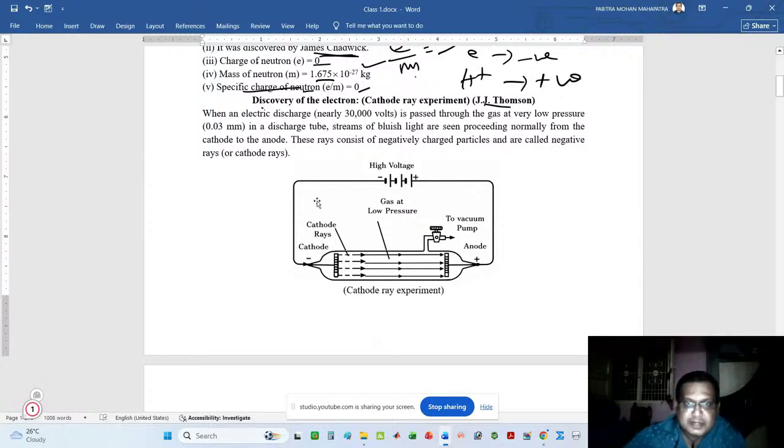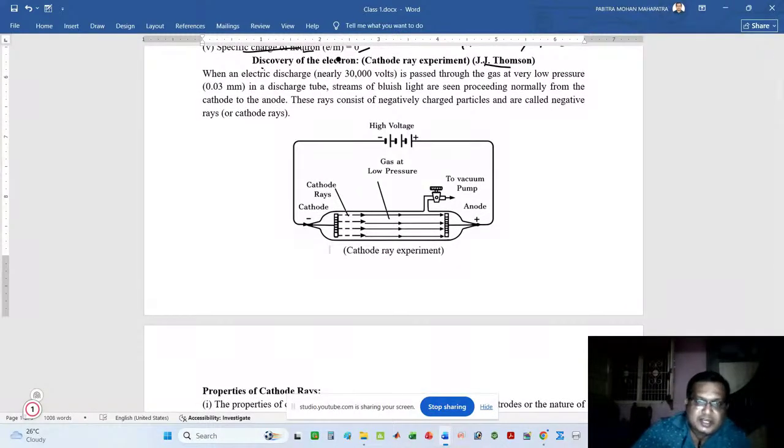In his experiment, at first he took a discharge glass tube. This is said to be the discharge glass tube. One end of the discharge tube is fixed with the cathode, and another end is fixed with the anode.